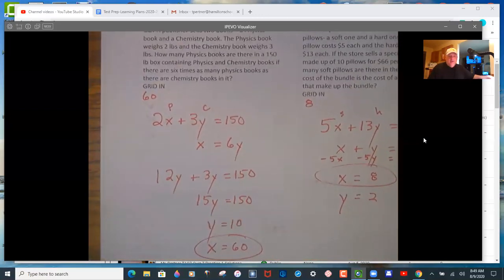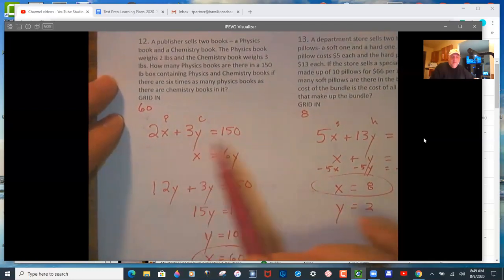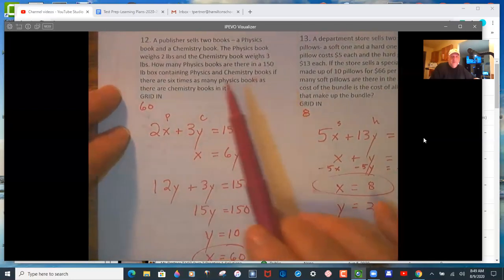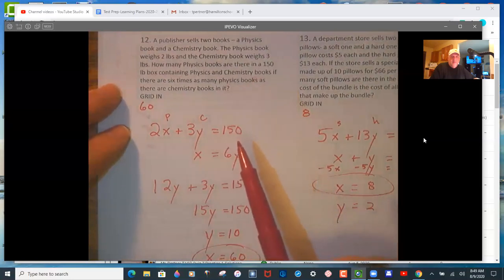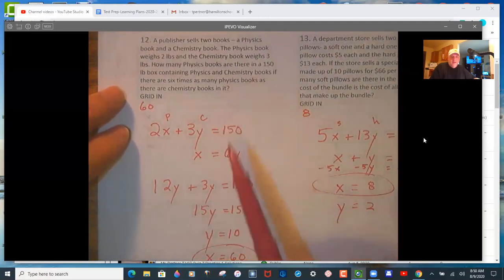This is the type of system where you're comparing values. You have one set of 3 values. The 2, the 3, and this 150 go together. They're all pound amounts. And then you have 6 times as many physics books as there are chemistry books. So you got to do 6 times the chemistry to be equal to the physics.